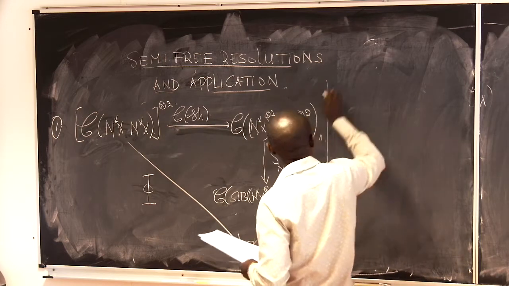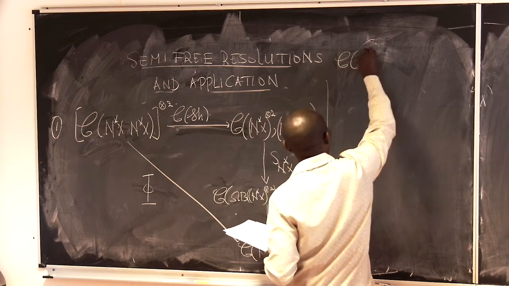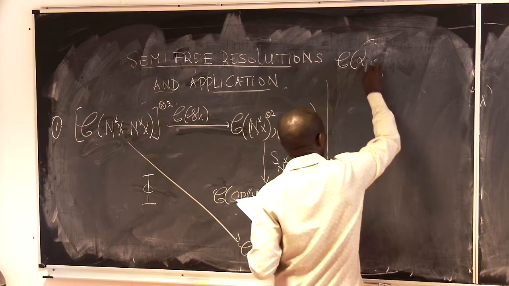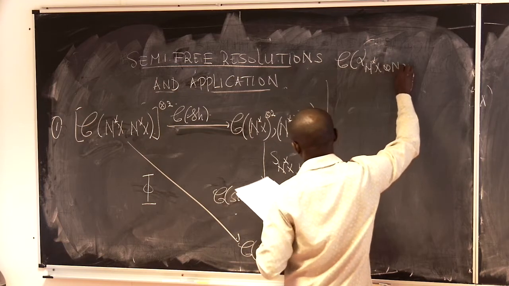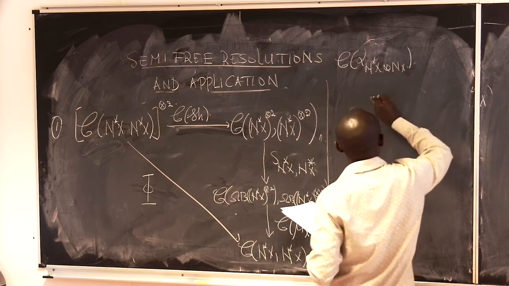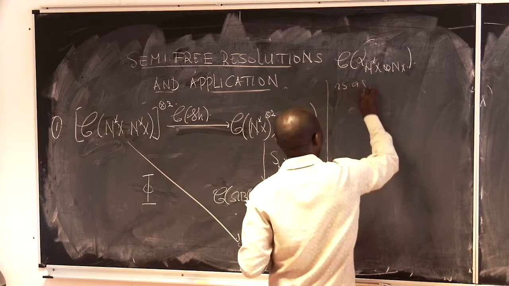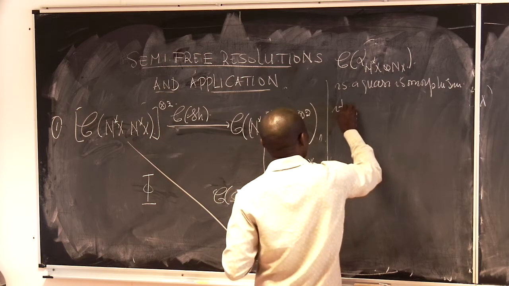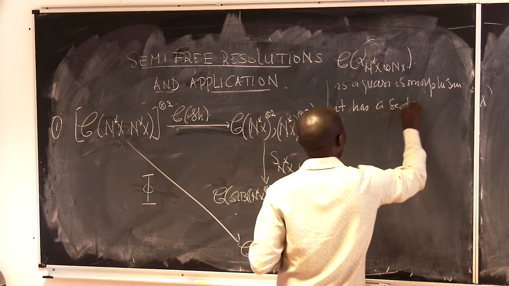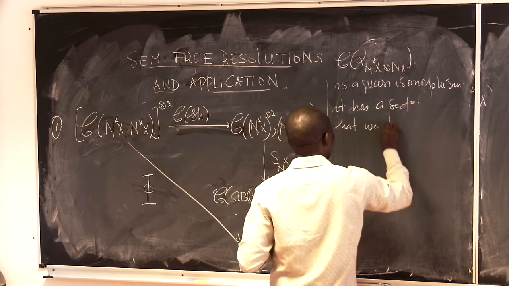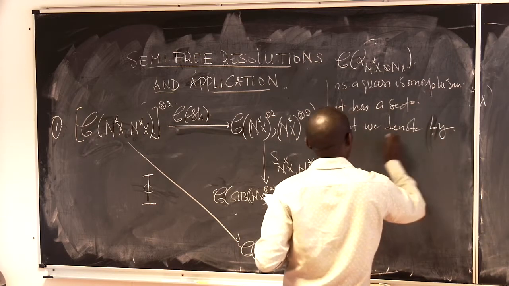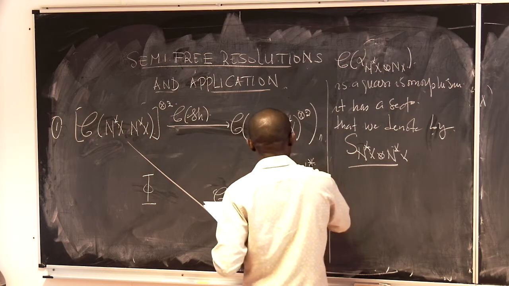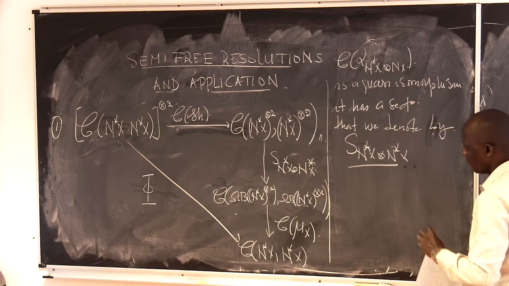So this section here, which is the section of alpha of NX tensor NX, is a quasi-isomorphism, so it has a section that we denote by S. This section is not unique, but all the sections are homotopic.